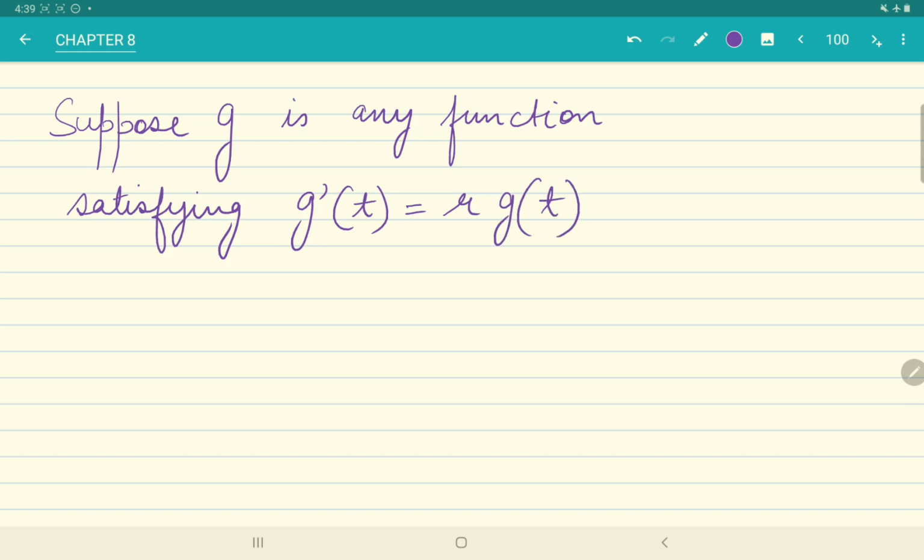So this is another function which is satisfying this property of having a constant relative rate of increase, for all t.